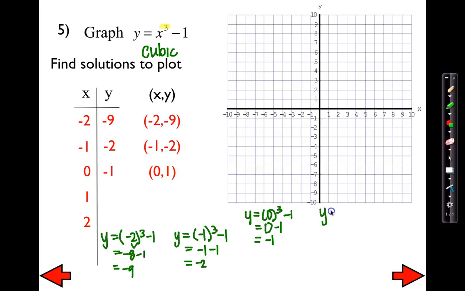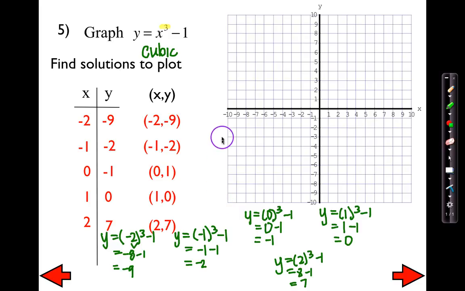Next one, y equals 1 cubed minus 1, which is 1 minus 1, which is 0. Ordered pair is (1, 0). And last but not least, y equals 2 cubed minus 1. So here 2 cubed is 8, minus 1 is 7. So my ordered pair is (2, 7).